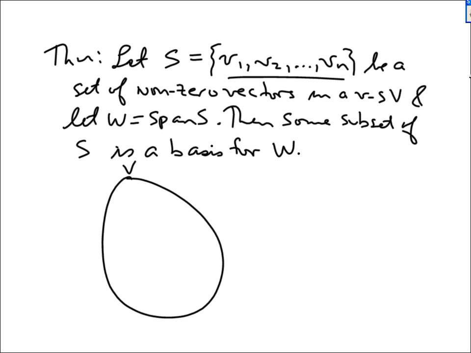You have the vector space V. You have the set S. Now, every vector in S is in the span of S. For example, if Vi is in S, then why is Vi in the span of S?